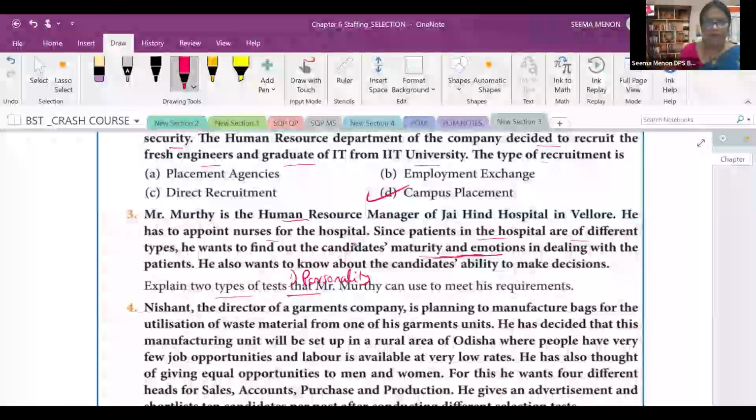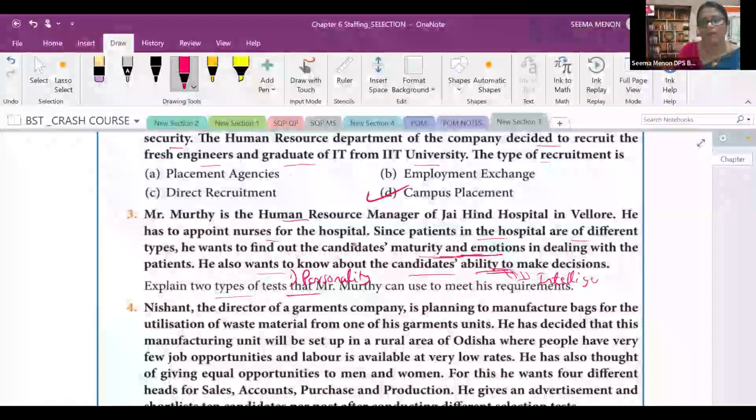Now what can we take? He also wants to know about the candidate's ability to make a decision. What will come there? Ability to take a decision, make a decision. So decision means there comes the brain. Brain means intelligence test. So here from this we get intelligence test. Okay.